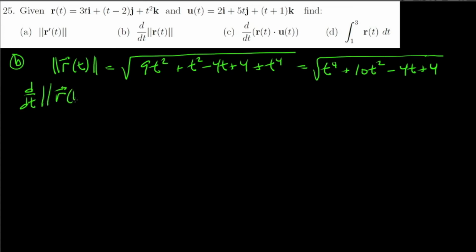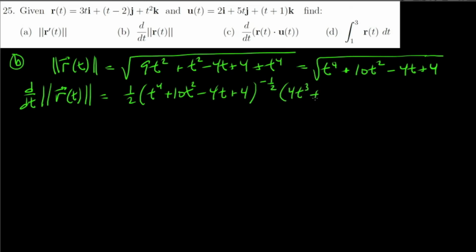It's a Calc 1 problem. So if you imagine this is to the power 1/2, you just get 1/2 times t to the fourth plus 10t squared minus 4t plus 4 to the power negative 1/2, and then by the chain rule, the derivative, 4t cubed plus 20t minus 4.